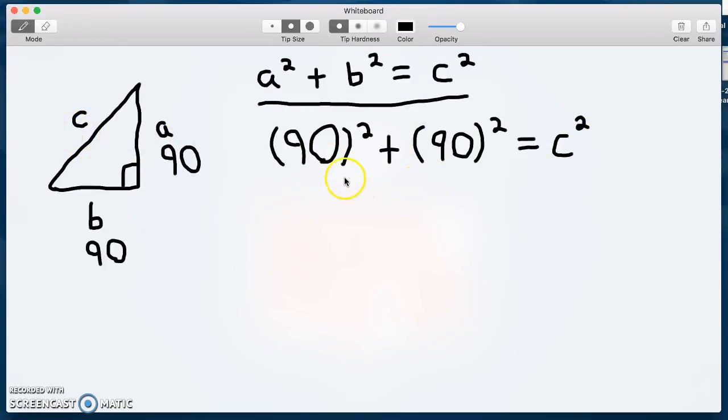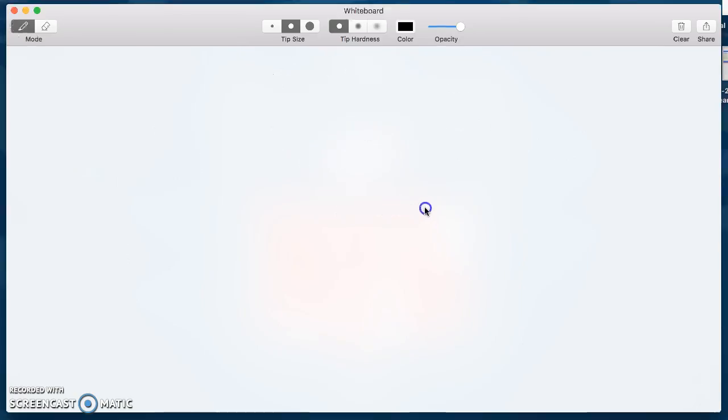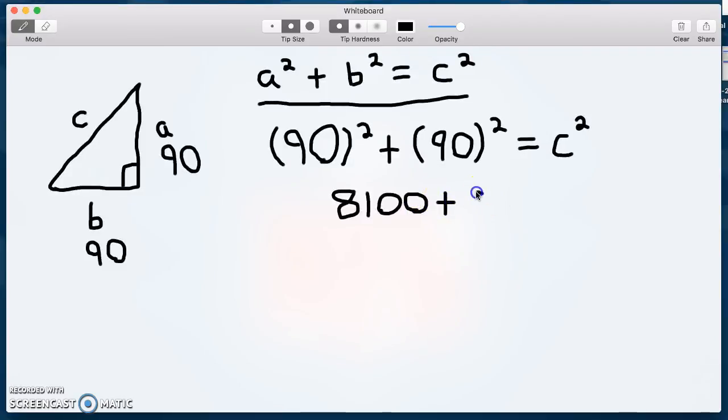We don't know what C is. Okay, so now we're going to take the squares of 90, and the square of 90 is 8,100. Same thing with this one, 8,100.